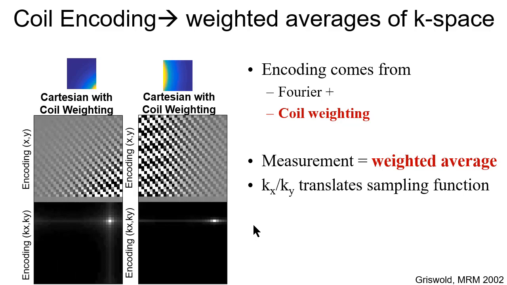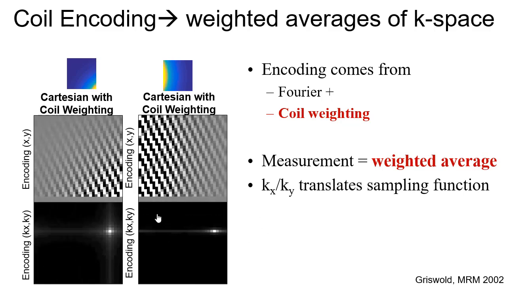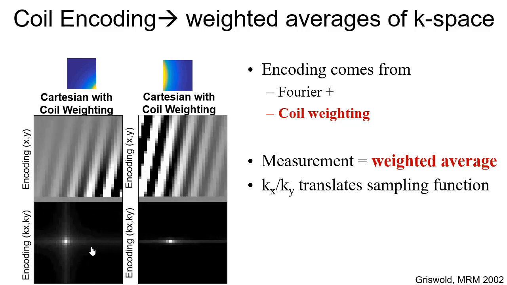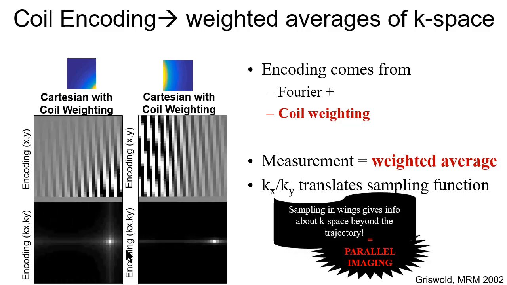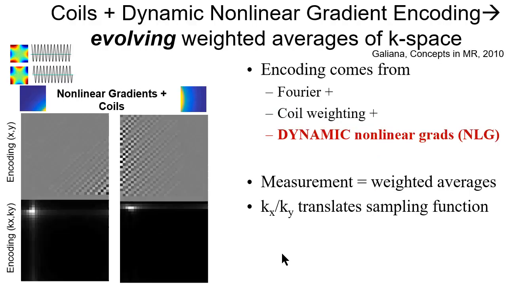And this is not some arcane physics detail. This is actually really important, because the fact that these sampling functions have measurement outside of our regular trajectory is actually why parallel imaging works. The fact that we're sampling the wings off of the nominal gradient trajectory is especially why GRAPPA works, or GRAPPA is most closely associated with that point of view.